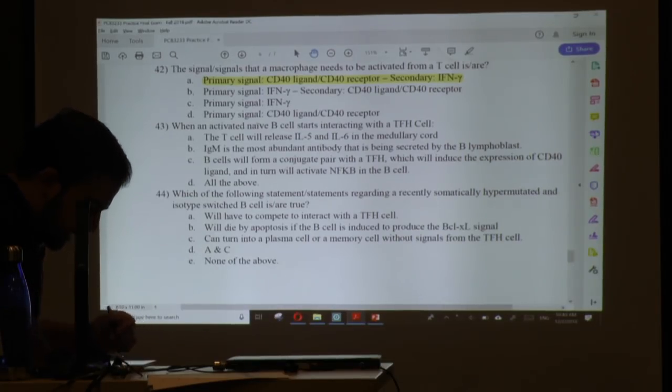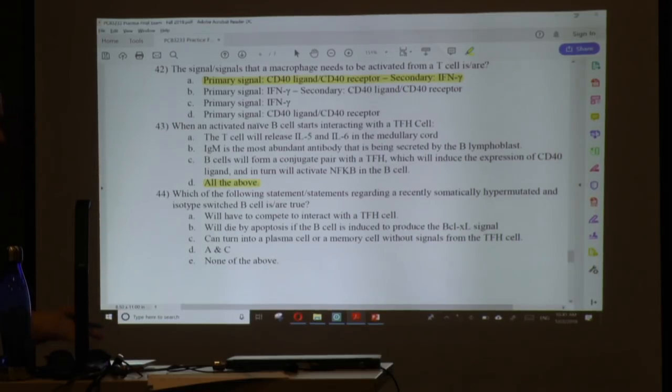So when an activated naive B cell starts interacting with a T follicular helper cell, just to make it quick, the correct option here is all of the above. The point of this question is to help you review the important things that happen when a naive B cell is basically activated by a T cell. So you'll have release of IL-5 and 6 by the T follicular helper.